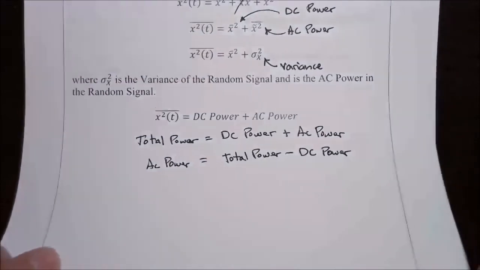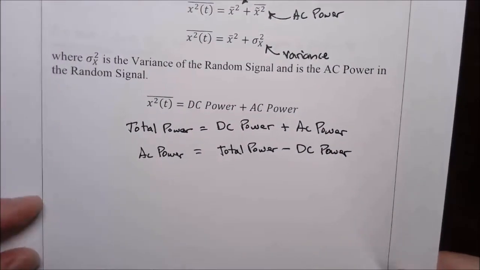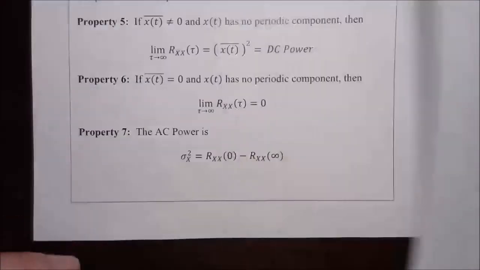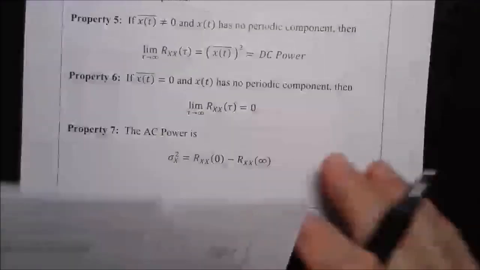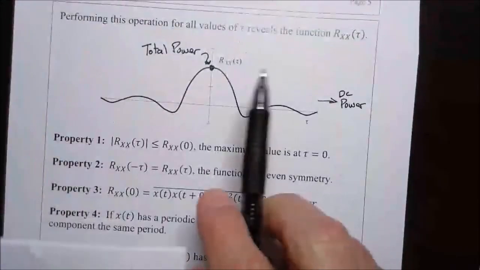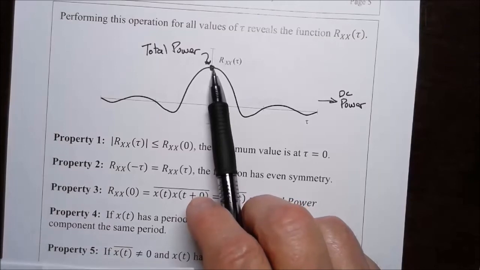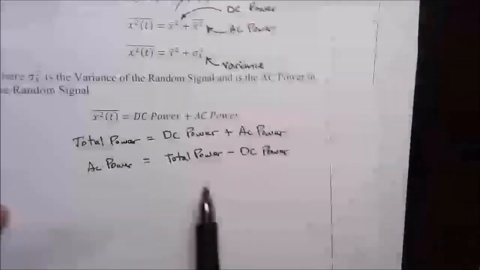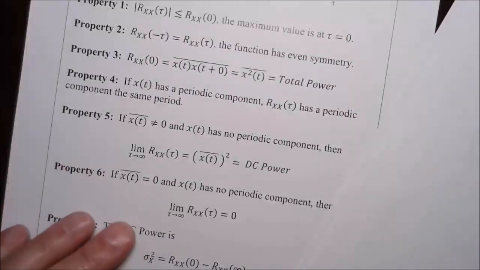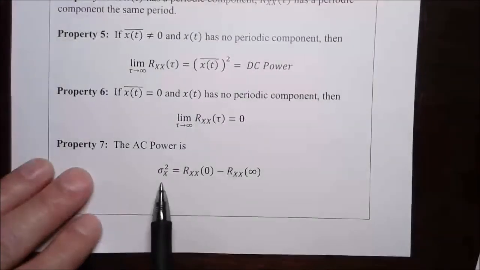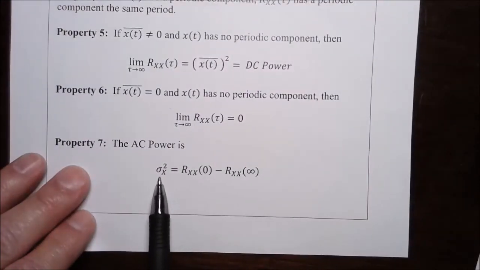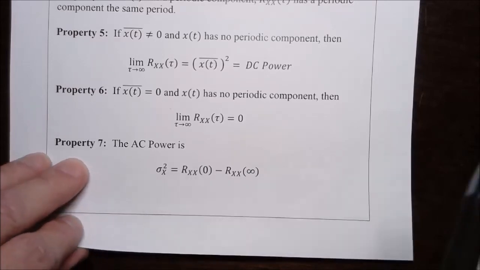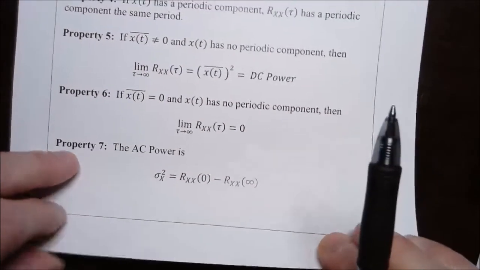Okay, it's just 7th grade algebra. Since we have the total power in the autocorrelation function and we have the DC power, we can take the difference and that would give us the AC power, which is also the variance of the random signal.